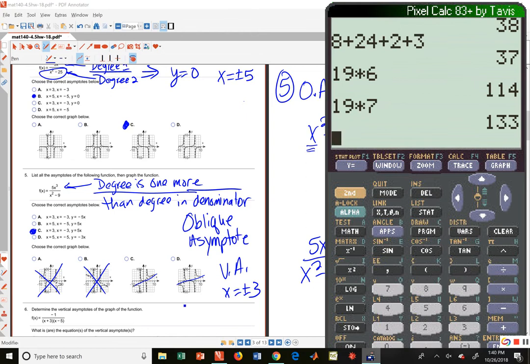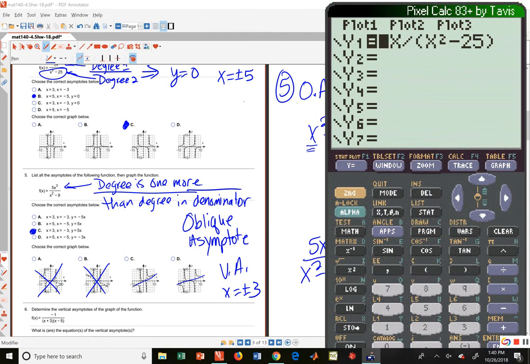Now, the difference between these two is actually a little bit subtle. It's actually the steepness of this curve here. And so the calculator is the only good way to find this out. So you got your 5x cubed divided by your x squared minus 9.